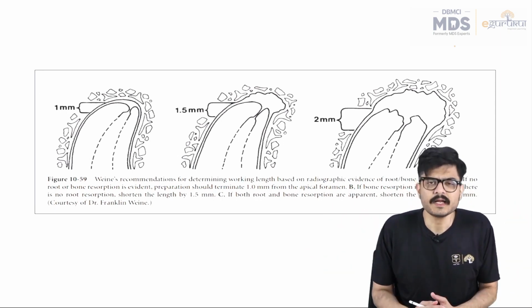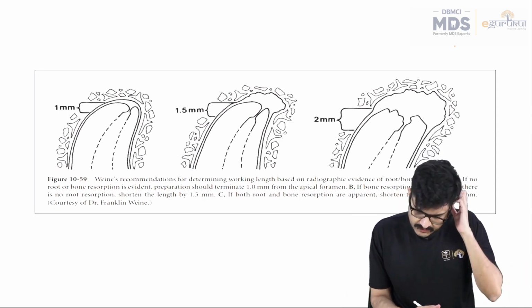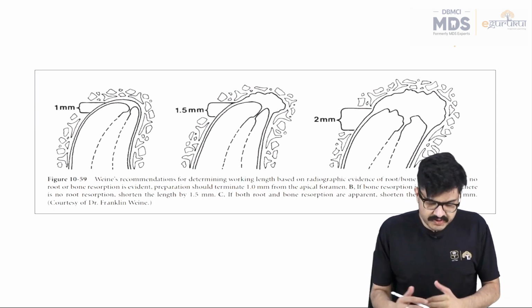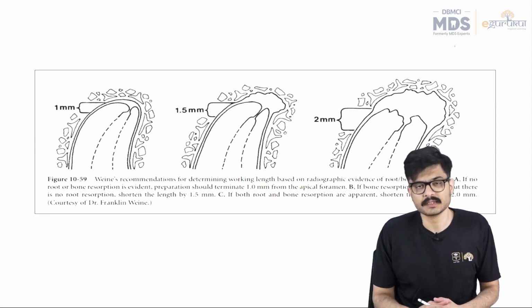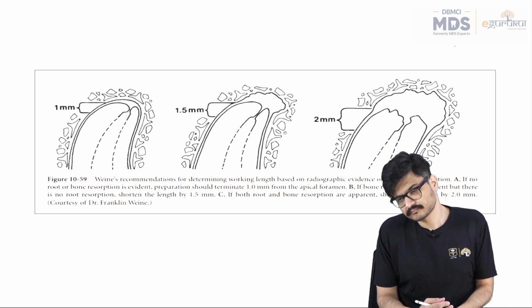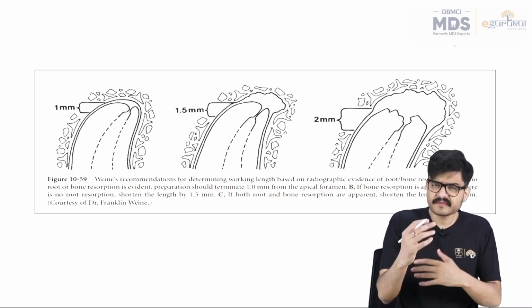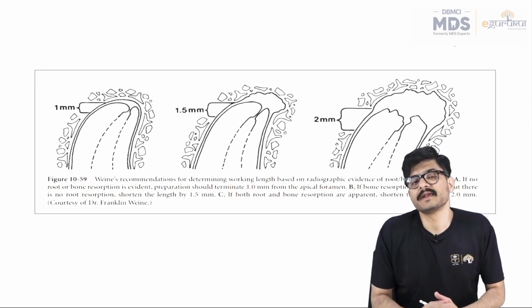That was proposed by Dr. Engel himself. Now what if, as you can see in the middle situation, bone resorption is there, right? That means there is periapical inflammation and bone resorption. Normally, if there is bone resorption, there is some level of root resorption also, which is not apparent on the radiograph.